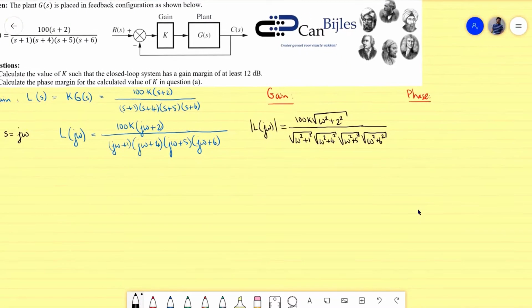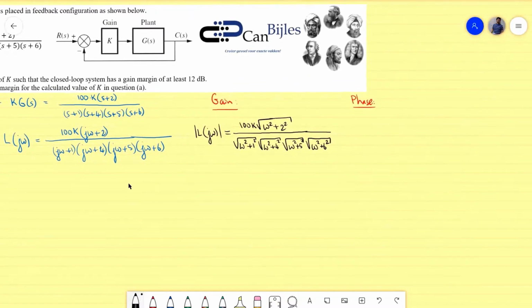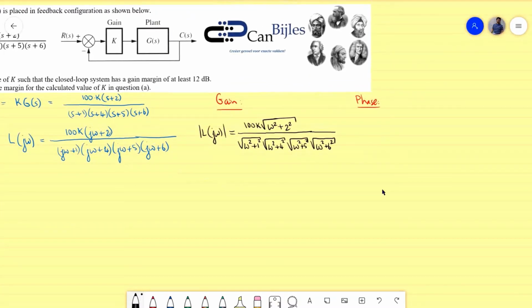So what you have, if I move a little bit to the right side and I see the loop transfer function and the phase expression here, so I will just divide this clearly. So what I have is the phase expression is the arctangent, which is just the one term from the numerator, omega divided by 2. And the minus, the first term from the denominator, is the arctangent omega divided by 1.